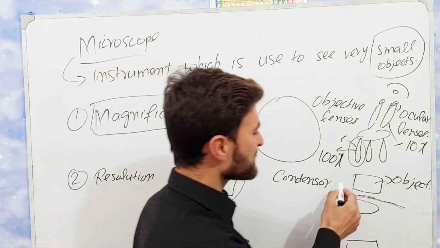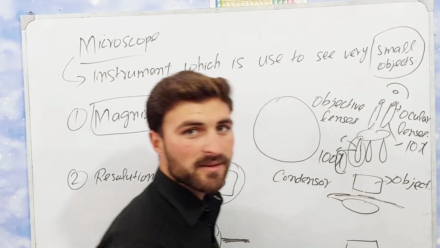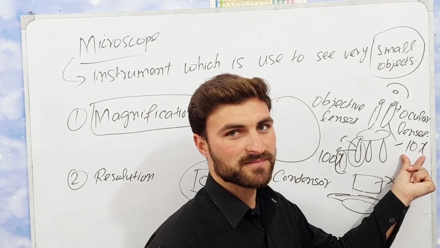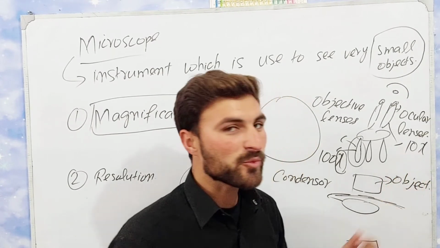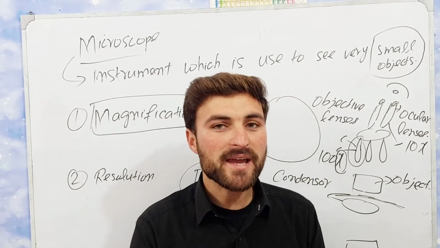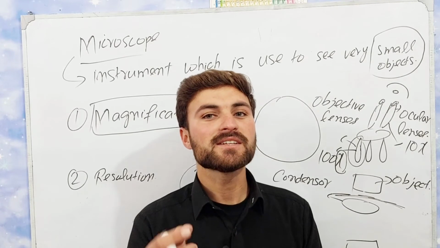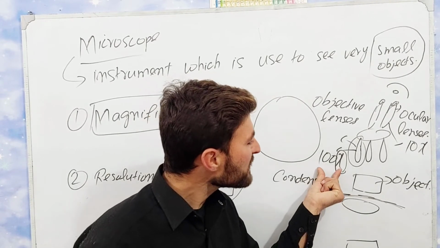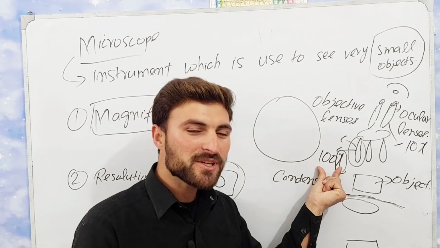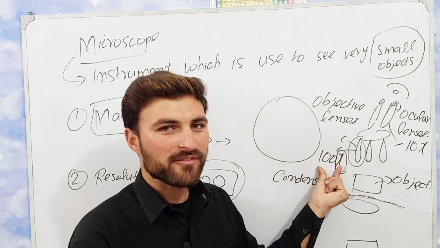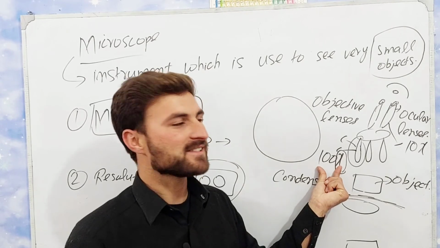Basically this x is the abbreviation of magnification. What does this 10x mean? This 10x means that we can see the object in the microscope 10 times larger than with naked eyes. 100x means that we can see the object 100 times larger than with the naked eyes.